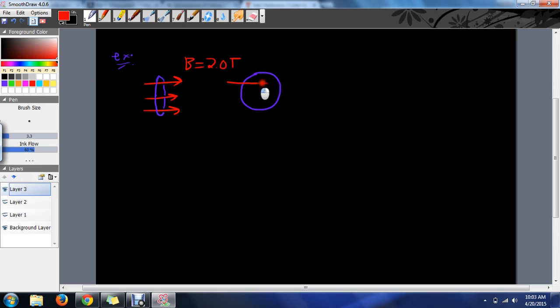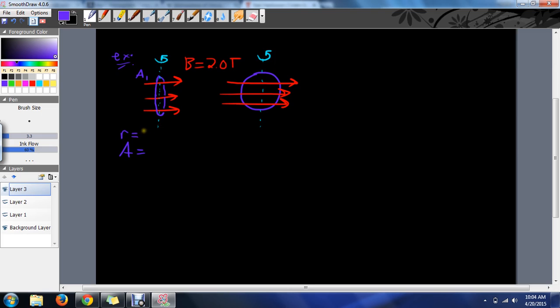I apologize if this is hard to draw, but I want to rotate the circle along this axis such that here all the flux is going perpendicular to the area, and let's say it has some area A here. I know it's a circle, but let's not involve pi. Let's say, yeah, let's involve pi.